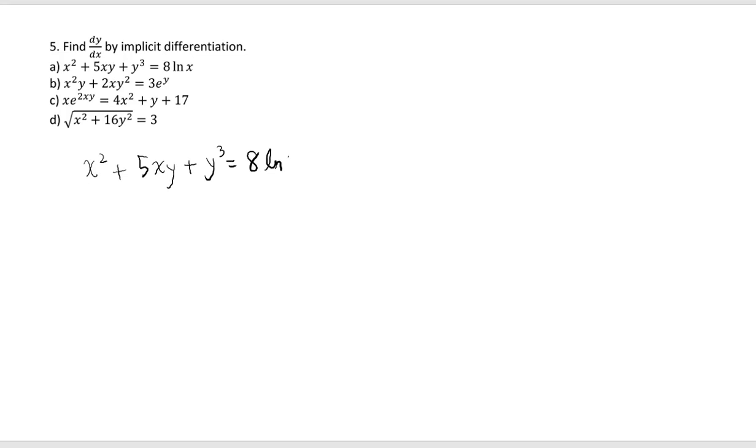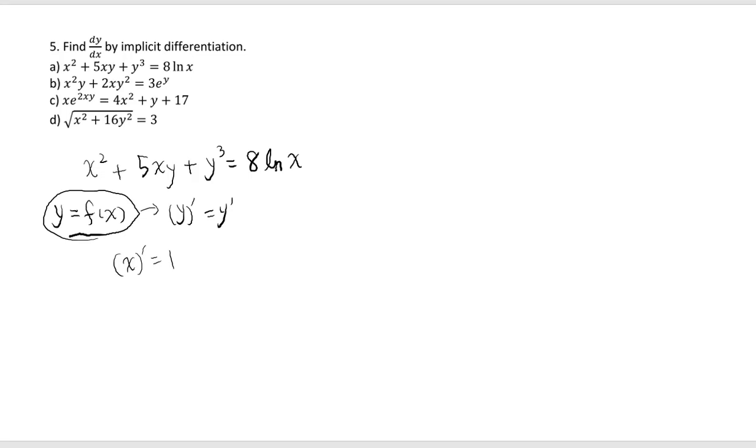X and y are different, although it doesn't seem that x is any different than y, but secretly what's happening is that y is actually a function of x, and that's why x and y are different. This means that whenever you differentiate y, it's just y prime. Whereas if you differentiate x, it's just 1, right?